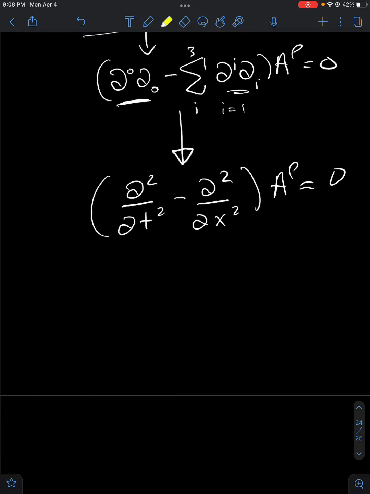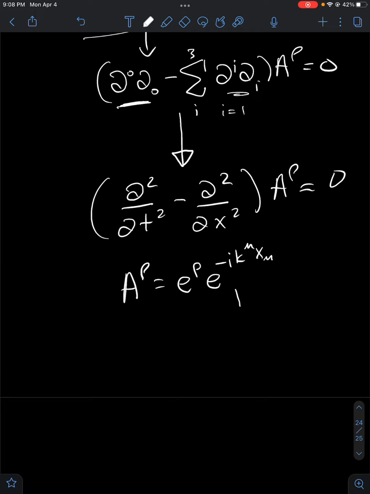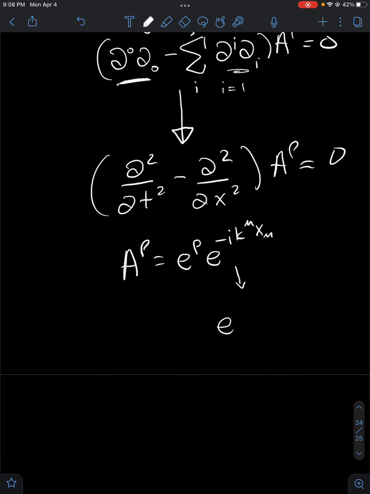We actually do that in tensor form by saying that A rho equals the polarization vector times e to the minus i k mu x mu, since e to the i k mu x mu is just equal to some temporal term times some spatial term, e to the i k x.